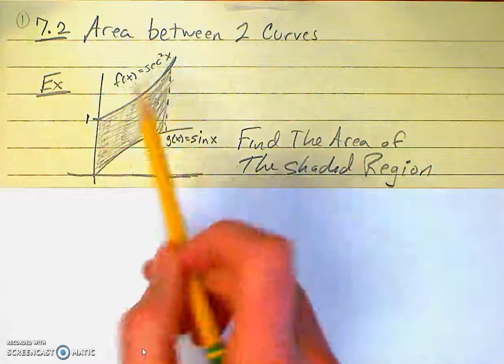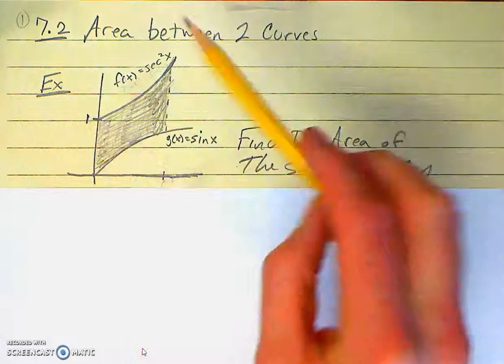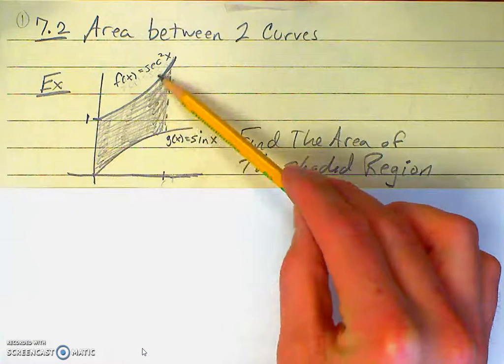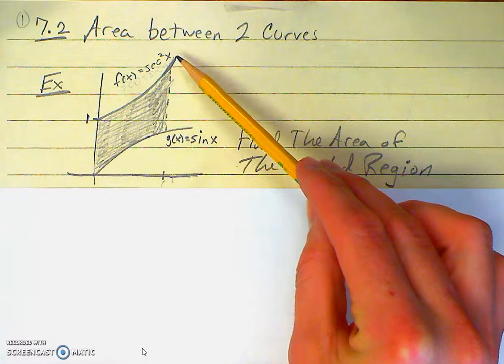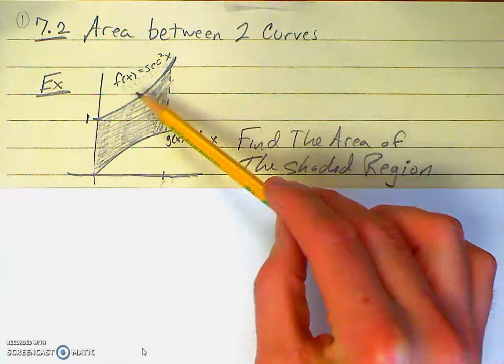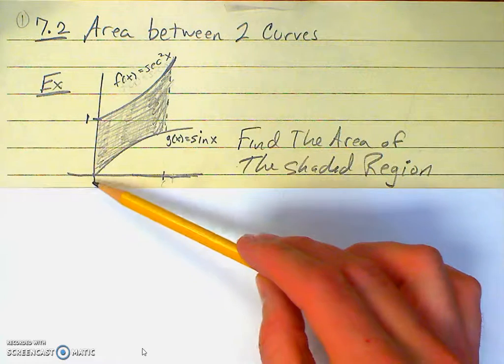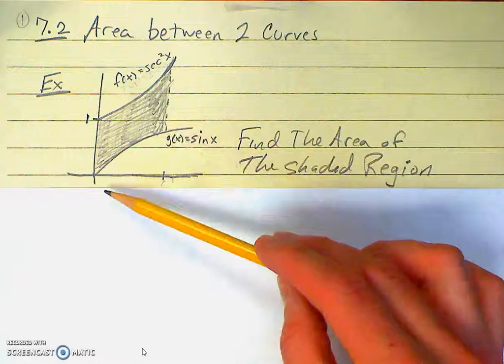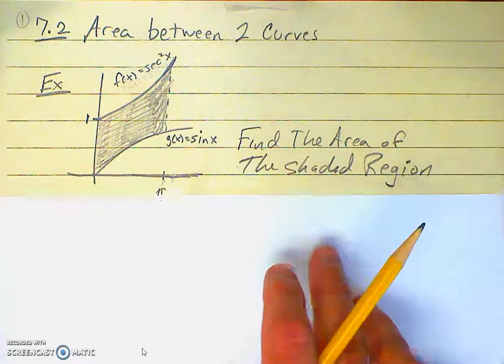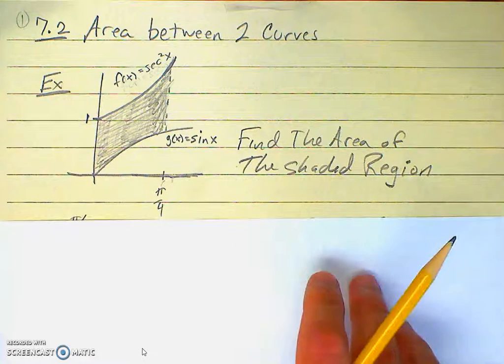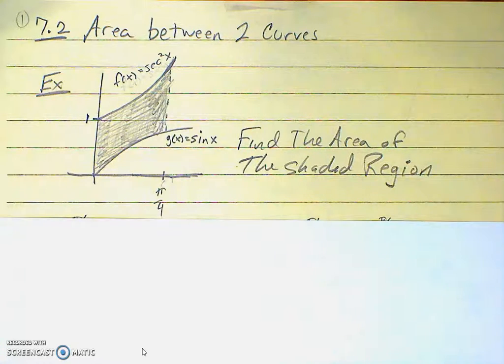What we have is the function f of x equals secant squared x. And then the bottom function is g of x equals sine x. And we're actually looking from 0 to pi over 4. And our goal is to find the shaded region.